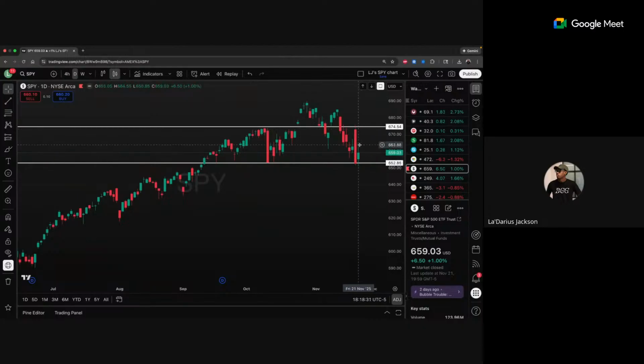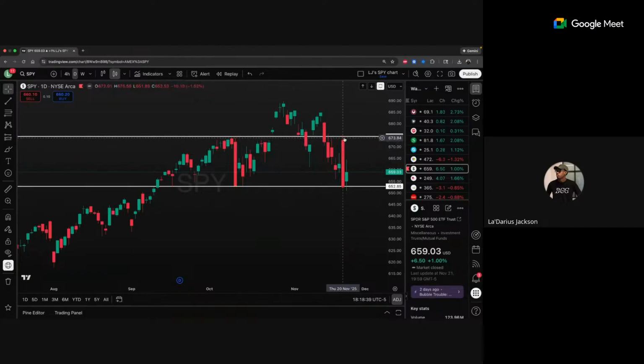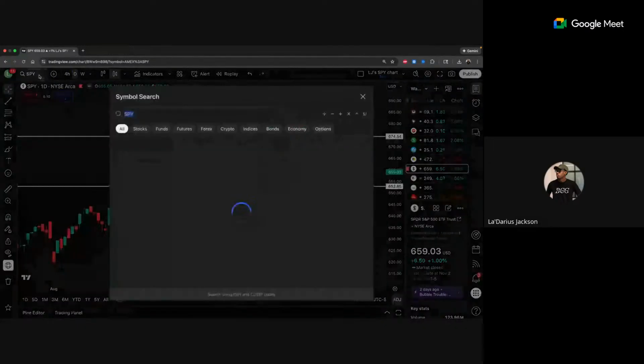I said, if NVIDIA does not break and hold 195, it was going to be coming back down to 180, and it did just that. It literally hit 195. It struggled at open, and then it slammed all the way down to 180, which is what we had for support. So we look at the NVIDIA real quick.